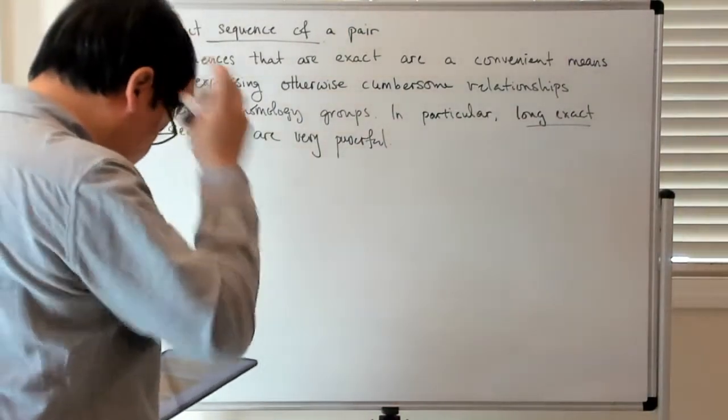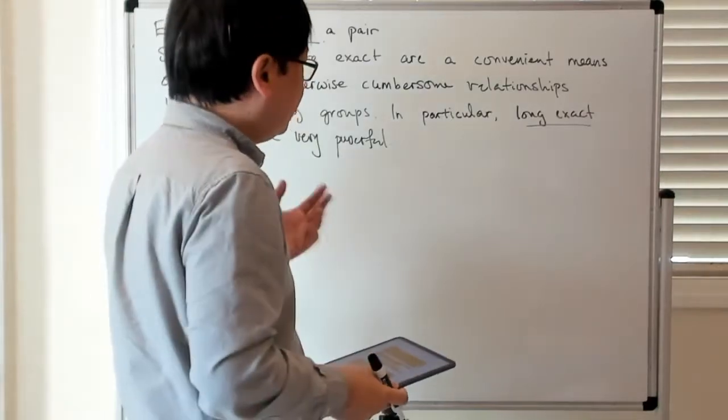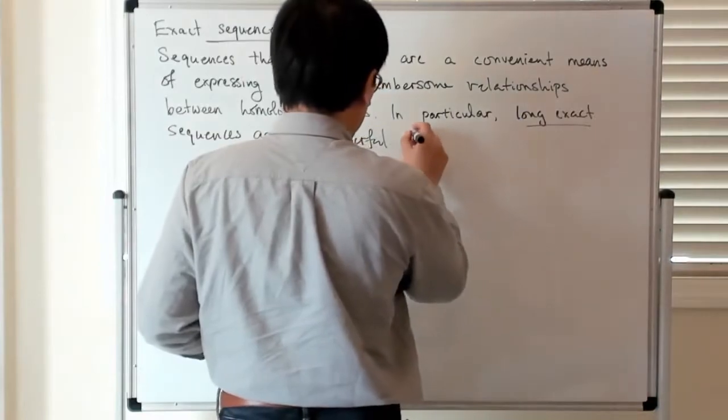So a long exact sequence is a little bit like a chain complex, except that basically all the homology is trivial, right?